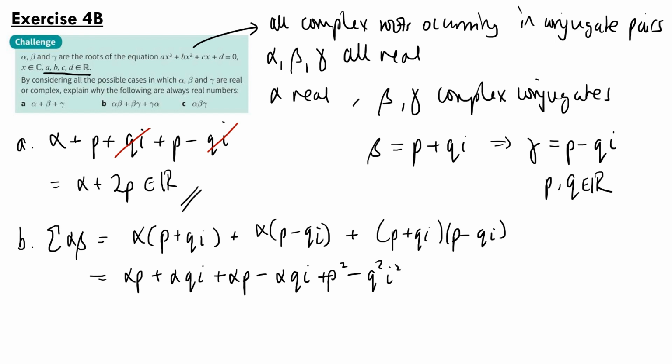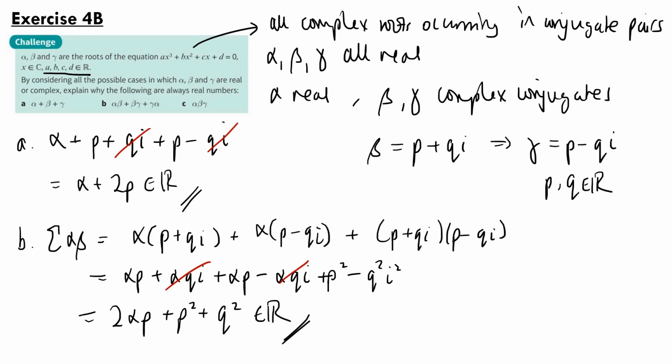We're going to see some cancelling again with the alpha qi's. Then we're going to have 2 alpha p, and this p squared. Then i squared is just minus 1, so it's just plus q squared. And again, this is a member of the real numbers because there are no imaginary terms. So we've proved it for the sum of the alpha betas.